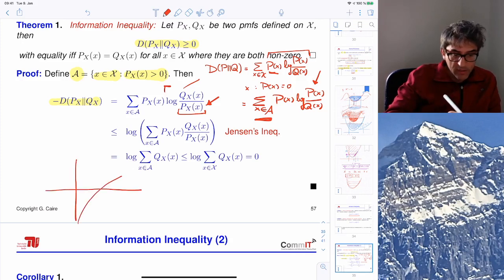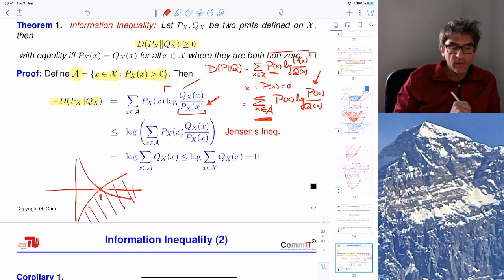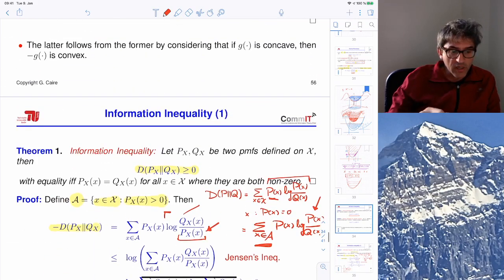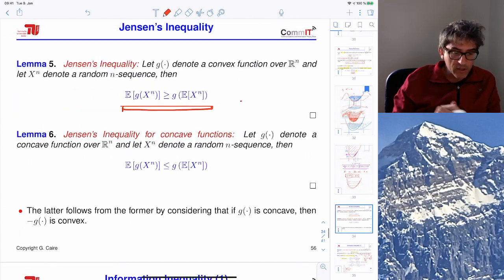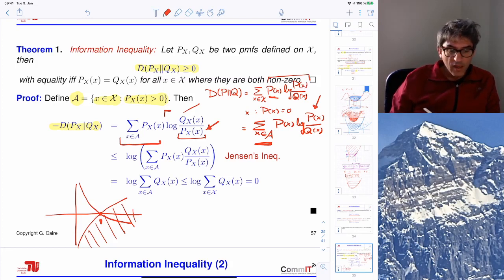Logarithm has this graph. This is the point 1 and 0. Logarithm is concave because minus logarithm is convex. So we use Jensen's inequality for concave functions that says that the expectation of the function is less or equal to the function of the expectation, which means that bringing this sum inside the logarithm, we get an upper bound. But now p and p simplify.